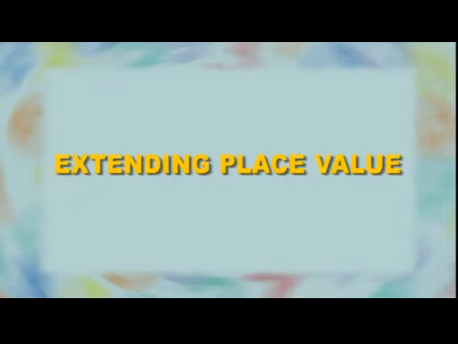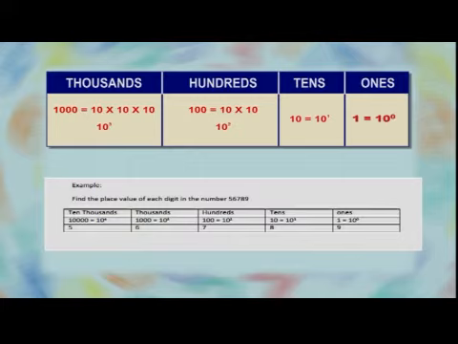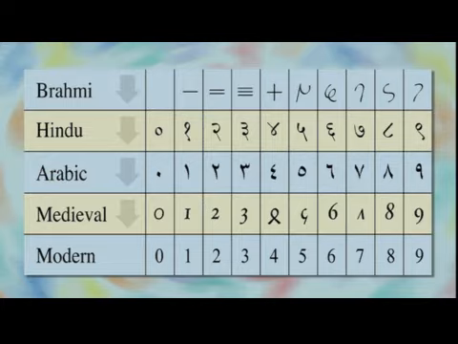Now we will see how to extend place value. Each digit in a number has a place value depending on its position. These positions can be thought of as columns labeled by powers of 10, with the powers increasing from right to left, as illustrated in the following table. When reading Hindu-Arabic numerals, the value of the digit in the largest place value is read first.